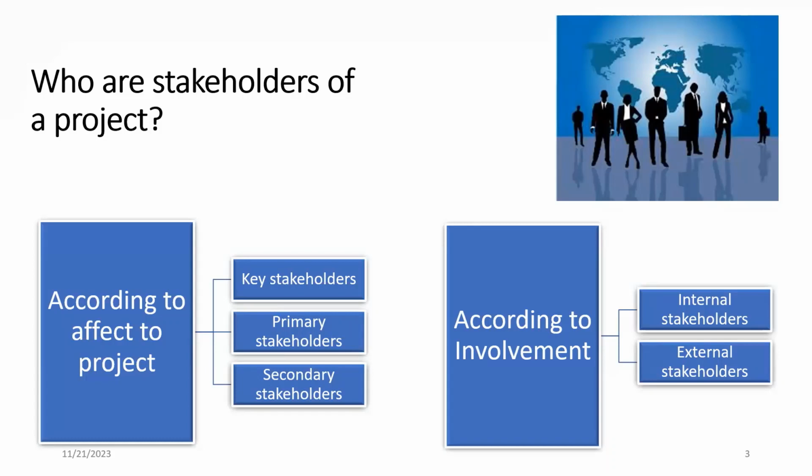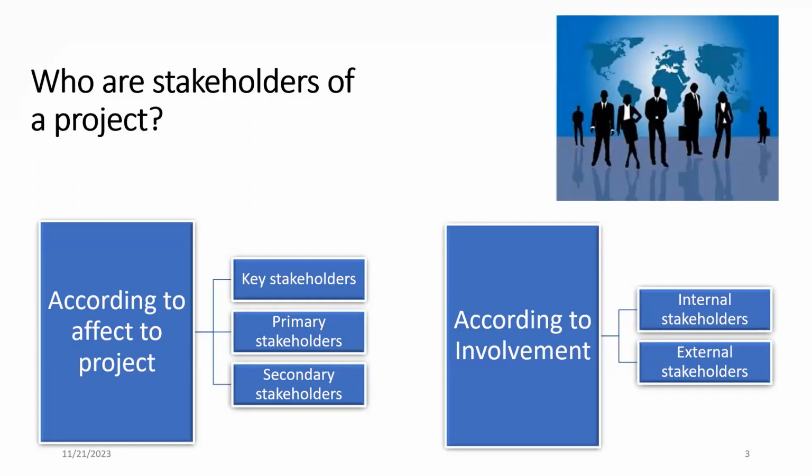Examples: senior managers, heads of department, project team, trade union leaders, etc. And external stakeholders are those who do not directly work within a company or organization but are affected somehow by its actions and outcomes. Examples: customers, suppliers, creditors, the local community, society, and the government.